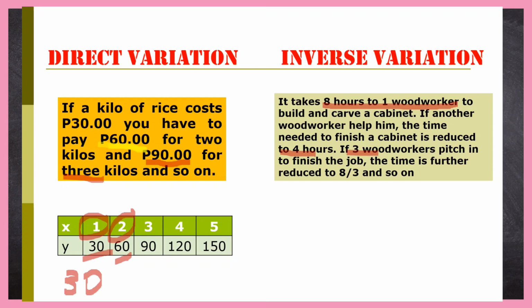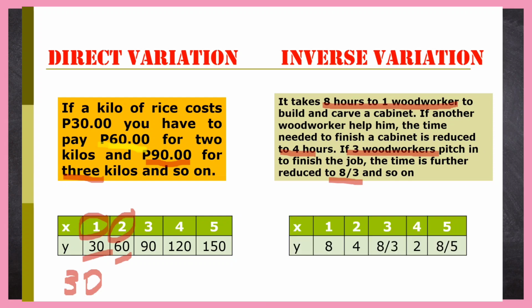Pag naman 3 woodworkers ang gagawa, matatapos nila yung trabaho ng 8 over 3 hours and so on. So let us have a table of values for that example. As you can see, x is yung bilang ng woodworker, and y natin yung oras.